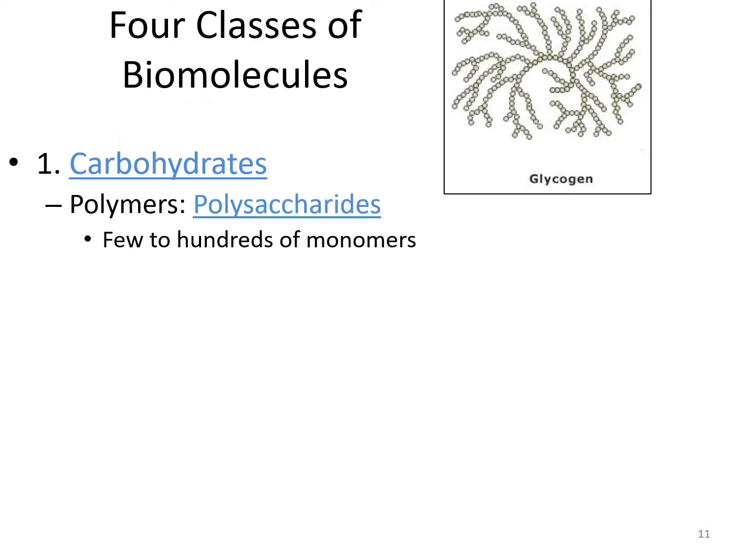Okay, next, the polysaccharides. The polysaccharides are carbohydrate polymers with more than 2 monomers bound together. So a few to hundreds of monomers. What we can see up here is a glycogen molecule. This happens to be what the human body uses to store energy, right?